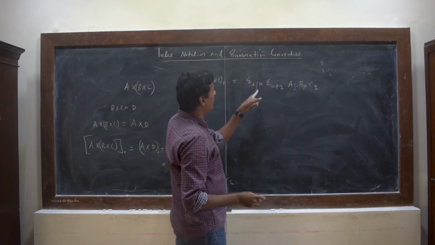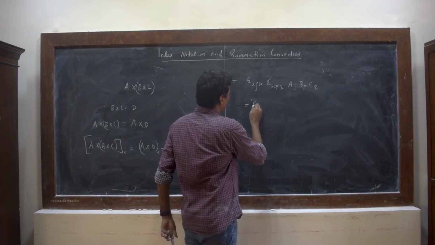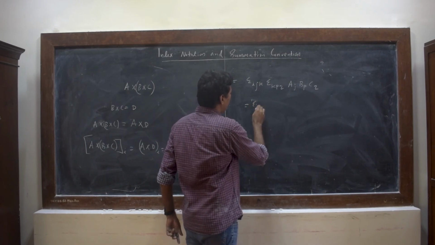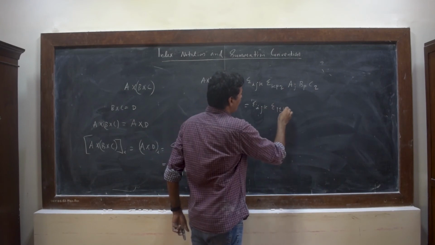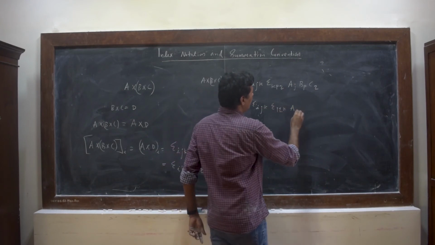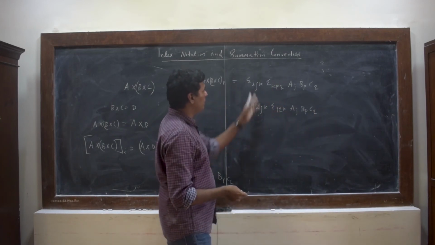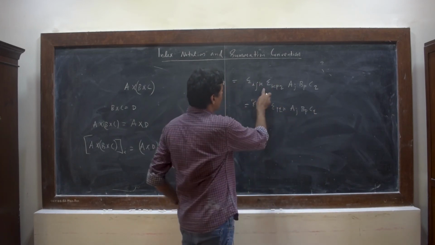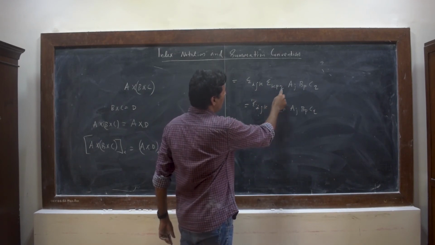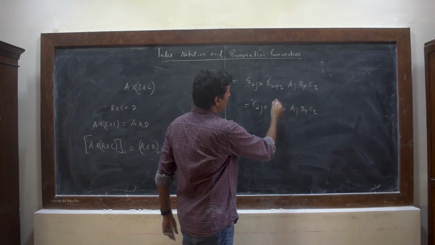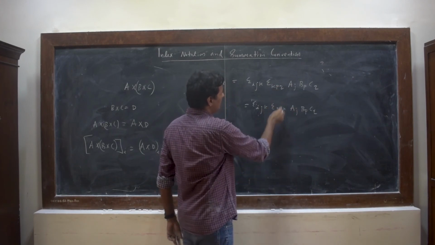But we have already seen, by permutation, that epsilon kpq is equal to epsilon pqk. So you can easily show that this is equal to that.